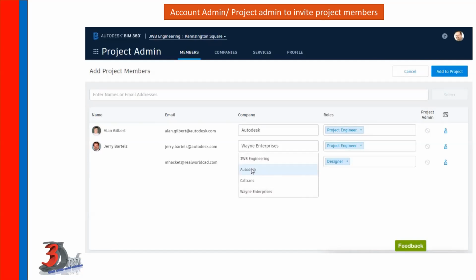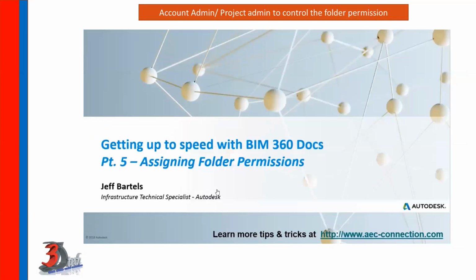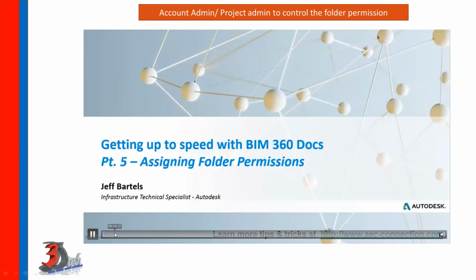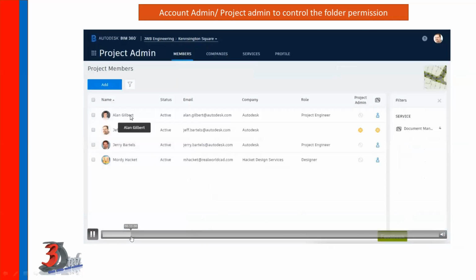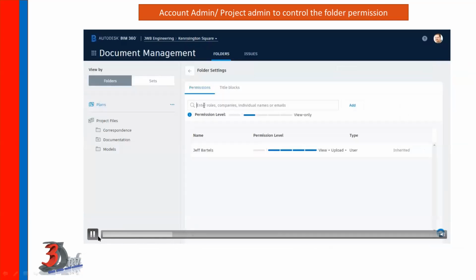And then the next thing is about account admin and project admin controlling the folder permission. This one relates to the scenario that I gave to you. So from here, let's say that I want to control the folder permission. I can go to here, right-click on the folder settings here.